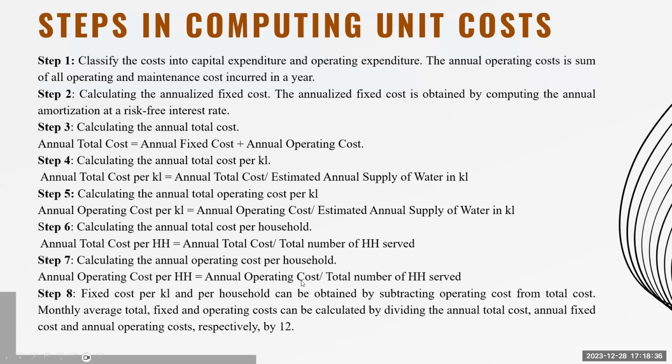Fixed cost per kiloliter and per household can be obtained by subtracting the operating cost from the total cost. Again, monthly average total, fixed and operating cost can be calculated by dividing the annual total cost, annual fixed cost, and annual operating cost, respectively, by 12.